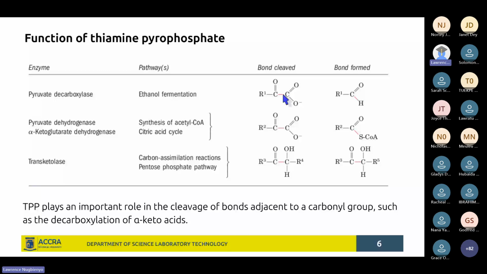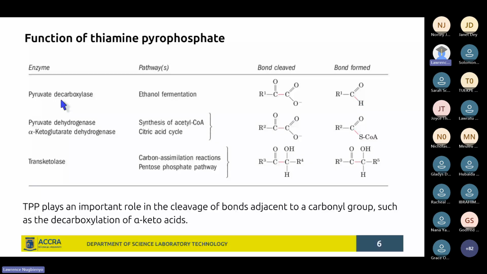And so you have a bond which is cleaved, which is shown red there, and a new bond which is formed, where you now have an aldehyde formed. That is also red. So this is an example of a reaction in which thiamine pyrophosphate is involved as a coenzyme to the enzyme pyruvate decarboxylase.